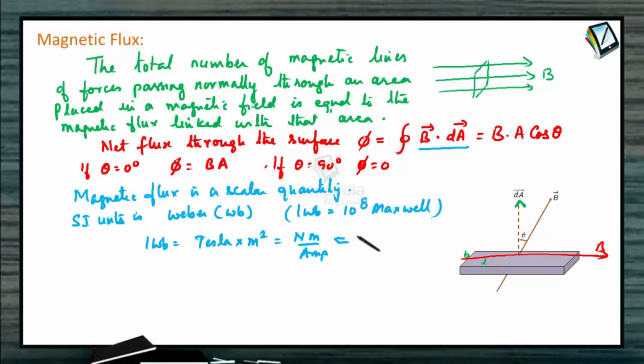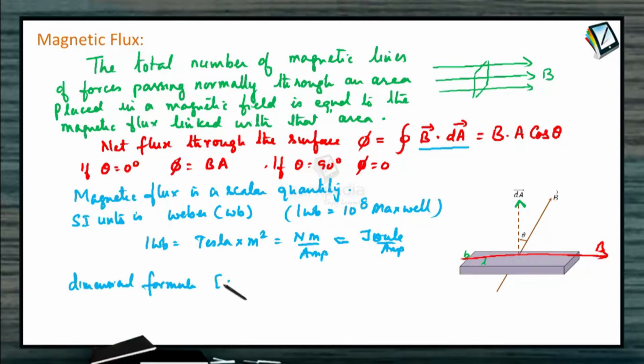That is equal to also Joule by ampere. So we can write in different forms: volt into Coulomb by ampere, or equal to volt second, or Ohm into Coulomb, or Henry into ampere.